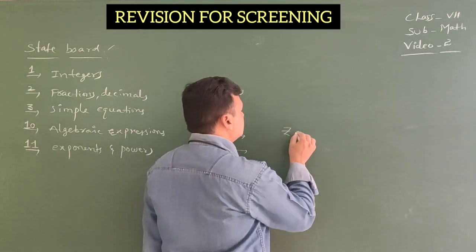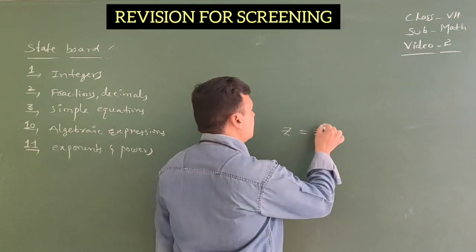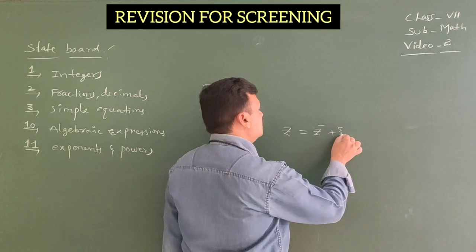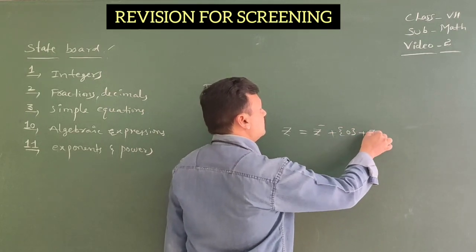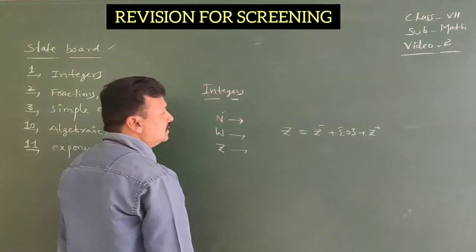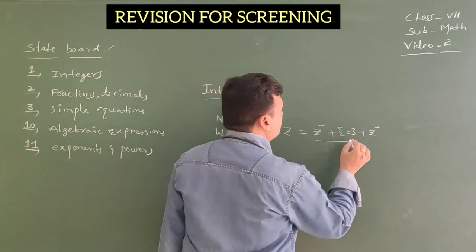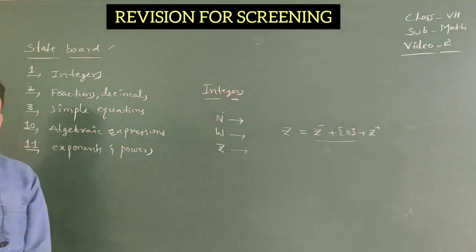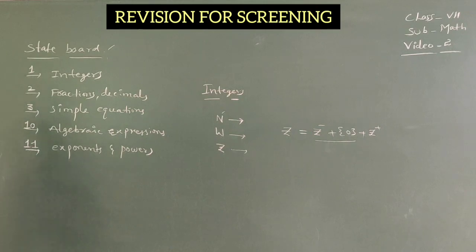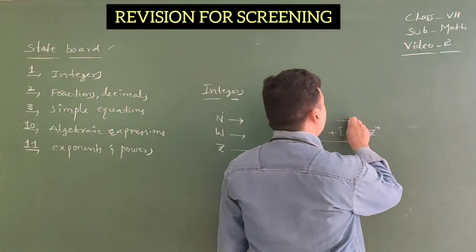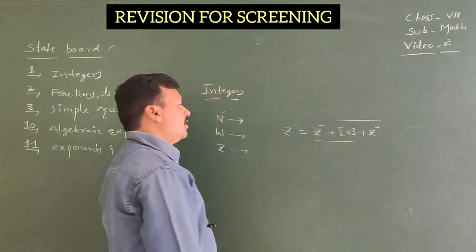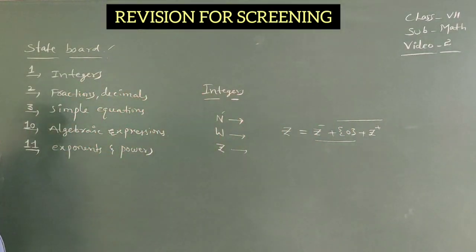Integers have 3 parts: negative, 0, positive. 0 along with negative numbers are called non-positive integers. 0 along with positive numbers are called non-negative integers.